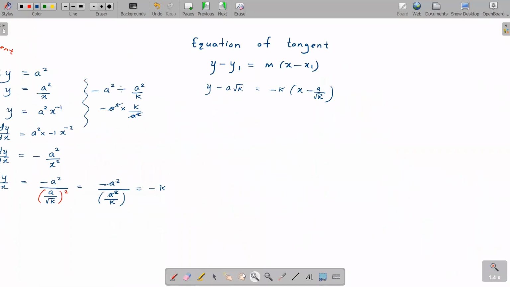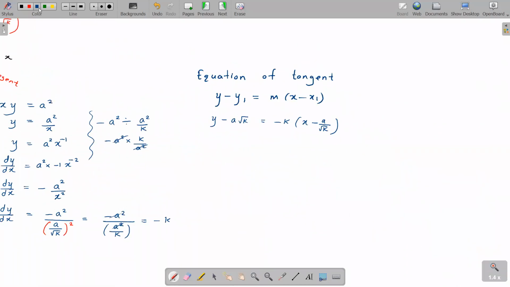Shall we rearrange this and simplify it? So I get here y minus a root k. Open the bracket with negative k. Negative k into x is minus kx. Minus k into minus a over root k is plus k a over root k. When I see k up and down, I feel I should rationalize and I could cut a k if I rationalize, right? You need a little bit of experience to see that.